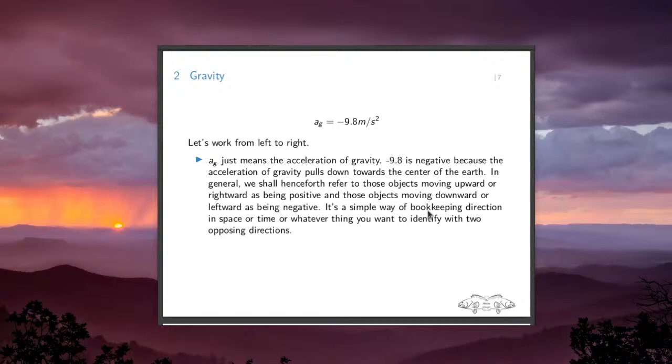And essentially what that means is that we can think of this acceleration as a vector. It has both a magnitude, which is the 9.8 meters per second squared, and it has a direction, and that's what that negative sign out in front means, that the direction is downward. And generally, we're always going to think of stuff that's moving up or to the right as positive.